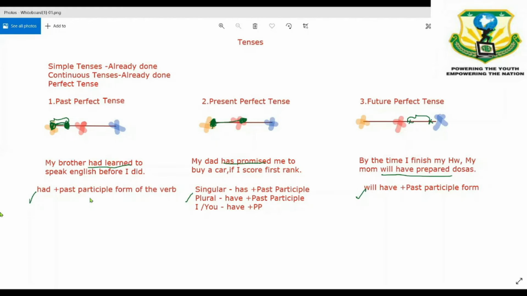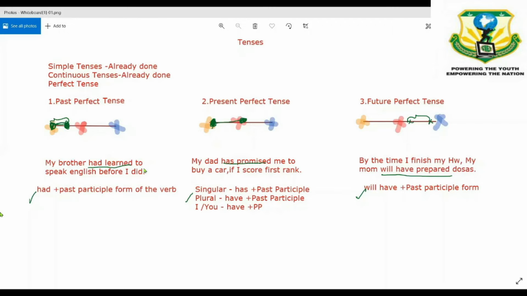For example, write is the simple present form. Wrote is the past form. Written is the past participle form. So you have to learn this for the basic verbs. Mostly regular verbs will have ed, like learned. It can also be learnt, promised, prepared. All these are participle forms.